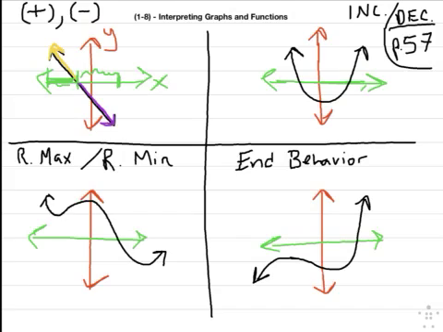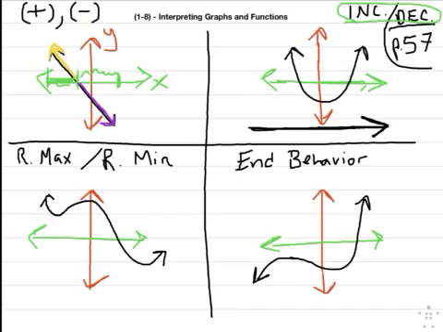This is increasing and decreasing. So this function in black is increasing when it's going up, in the upward direction. Sorry, let me mention this first: we are looking at the function as we tend toward the positive direction, from negative direction to positive.